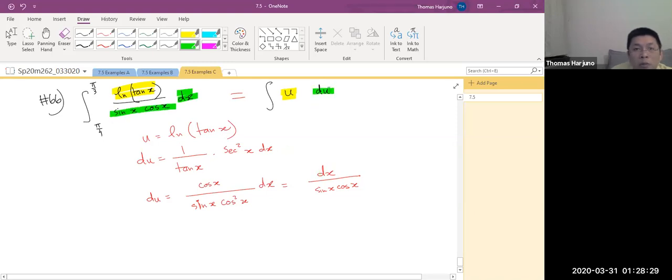That's my du. Now, how about the limit of integration? When x equals pi over 4, then I get ln of 1, right? That's 0. And ln of radical 3.